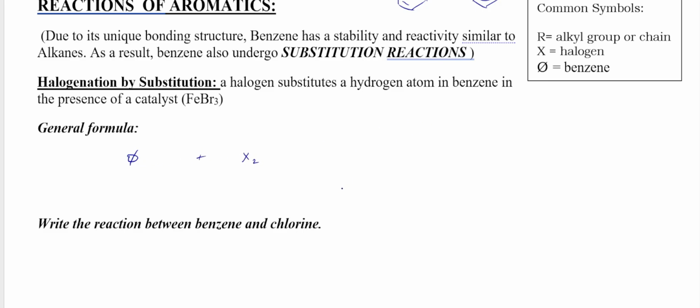Remember, halogens are diatomic, and then we have over here FeBr3, and then onto the benzene we are going to add one of the halogens, one of the hydrogens on the benzene comes off and joins the halogen.